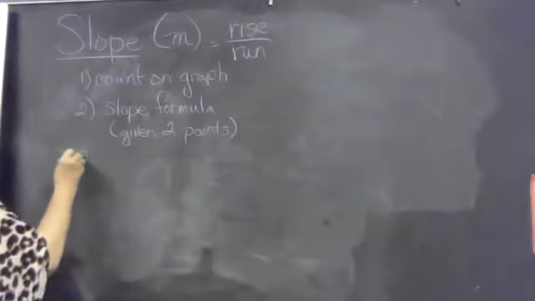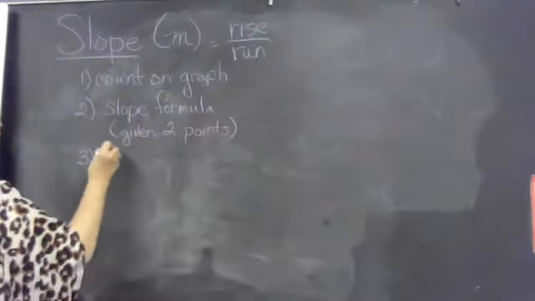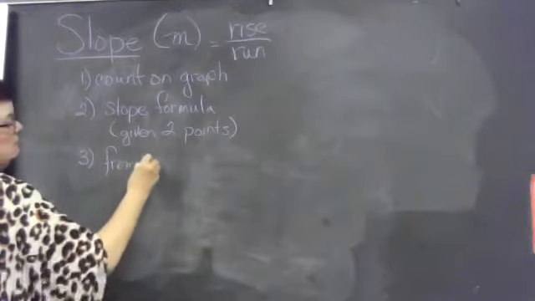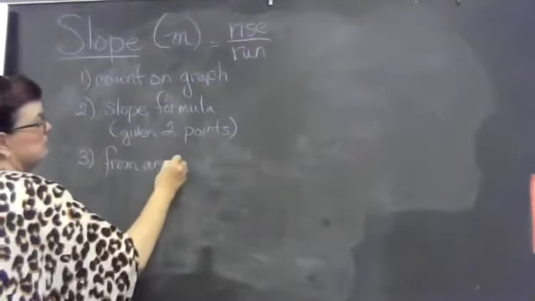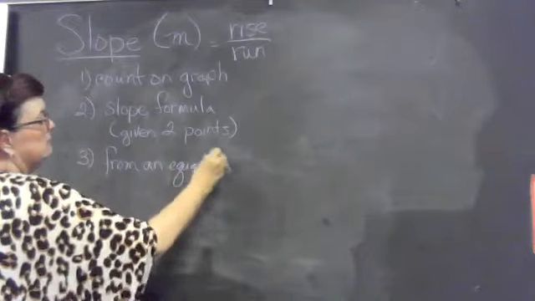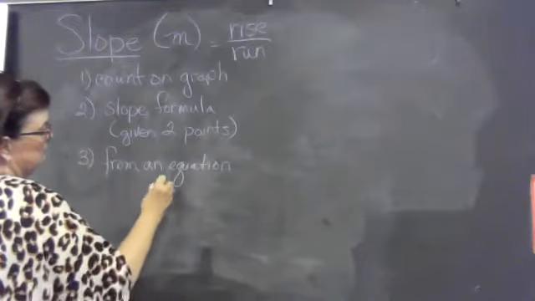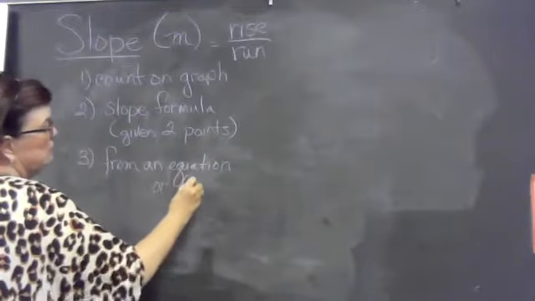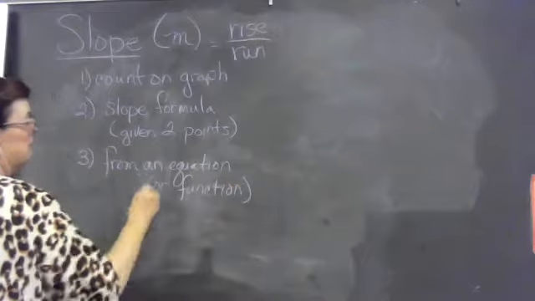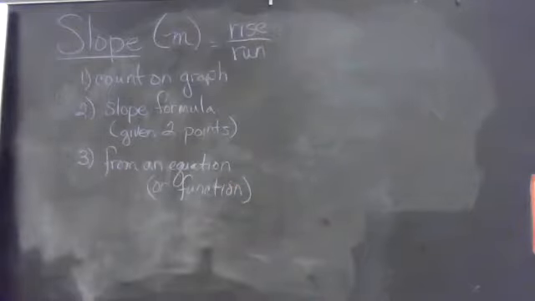And the third way is from an equation, or function. Okay, these are the 3 ways that we can find slope.